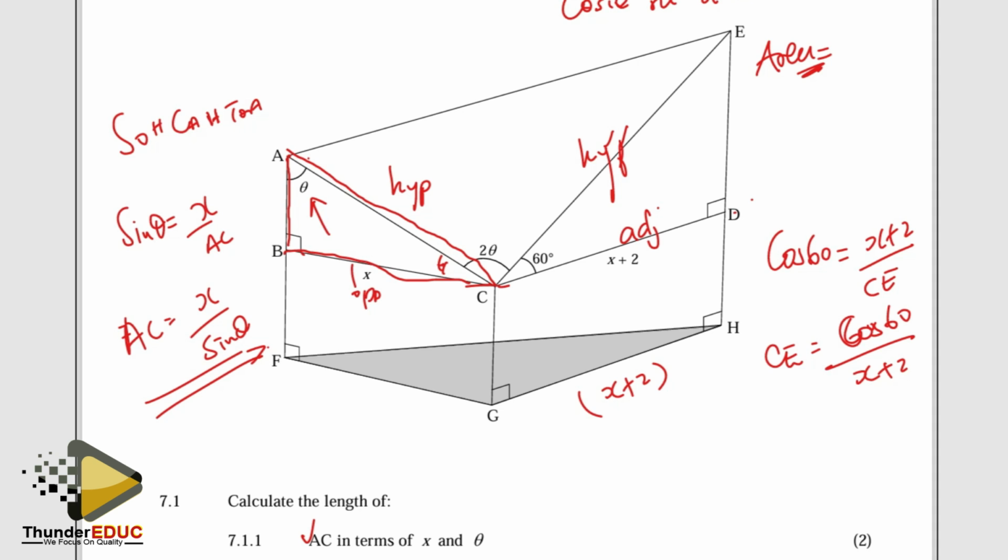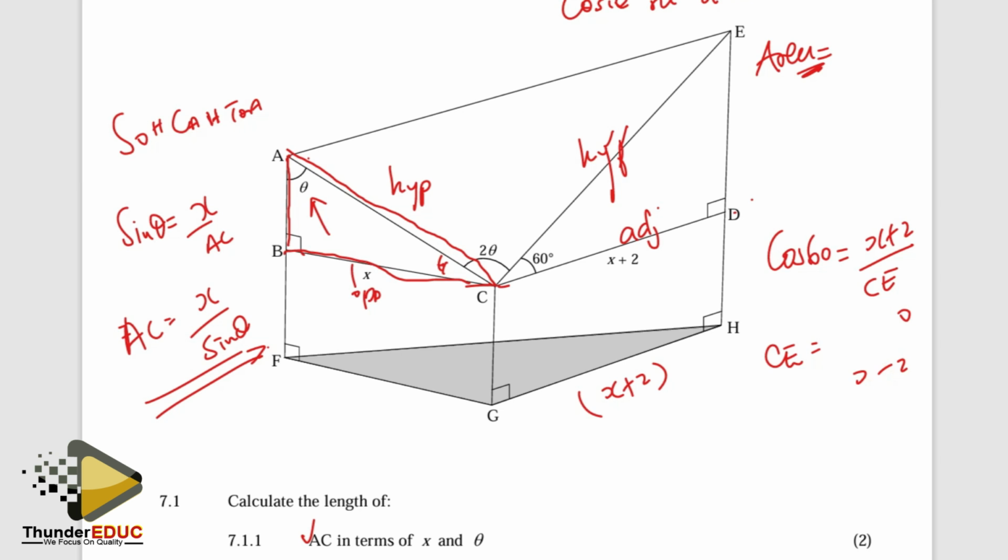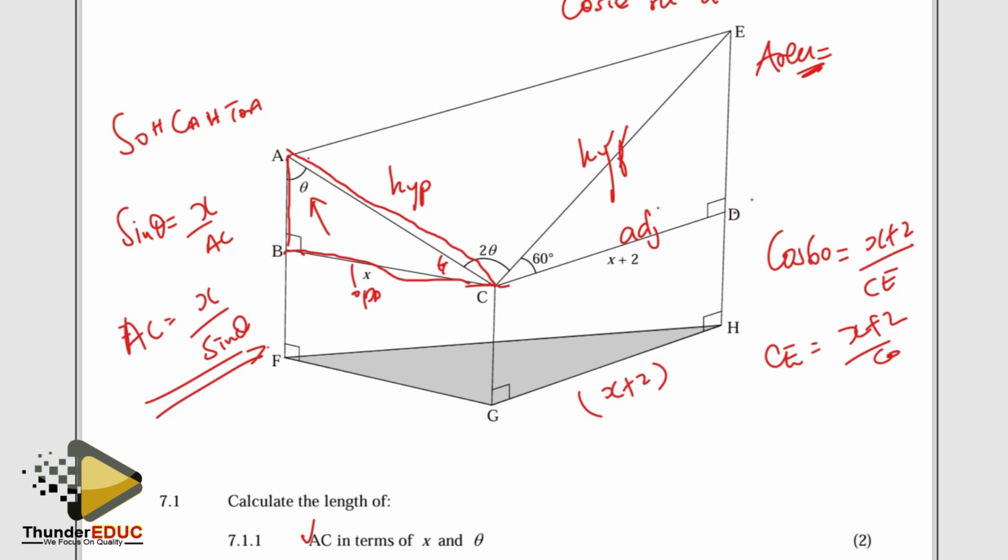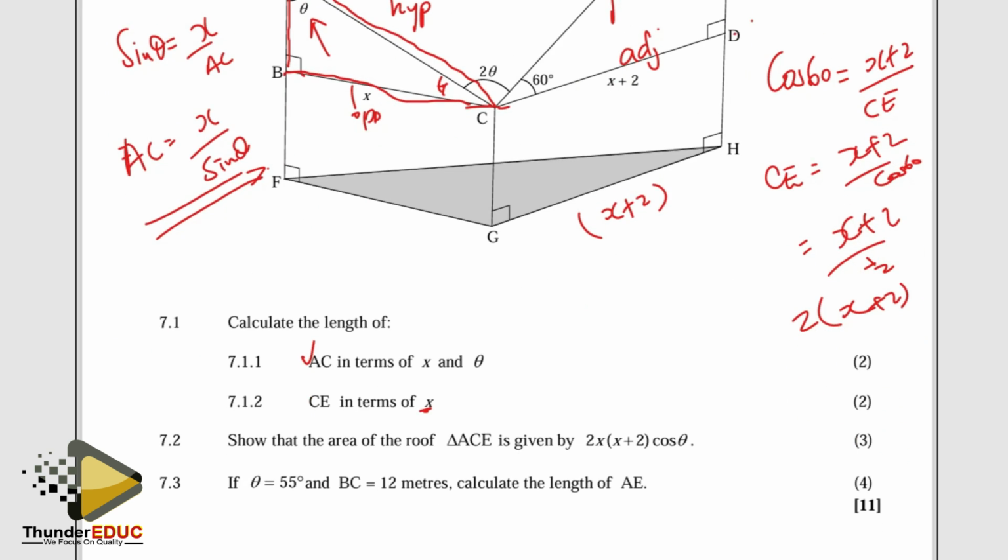Does that make sense? No, it doesn't make sense. It's supposed to be the other way around. All right, so it's going to be x plus 2 over the cos of 60. Then when you simplify that, x plus 2 divided by a half, which is twice x plus 2. Okay, that is sorted as well.